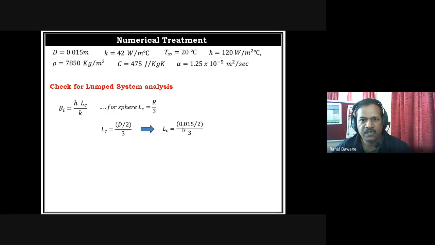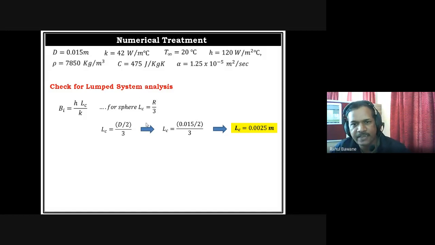Then the diameter 0.015 by 2, divided by 3, gives a characteristic length of 0.0025 meter. Many times a student makes the mistake of putting the radius as it is. Whatever unit is given, we have to convert into meter only. Now we know the characteristic length is 0.0025 meter.